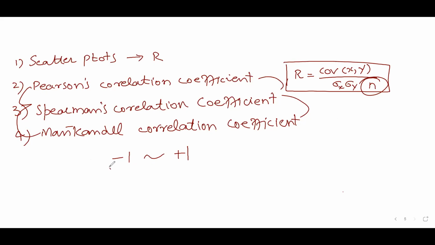As I told you, -1 is the purely negative correlation, and +1 is the purely positive correlation. I hope this is clear to everyone.